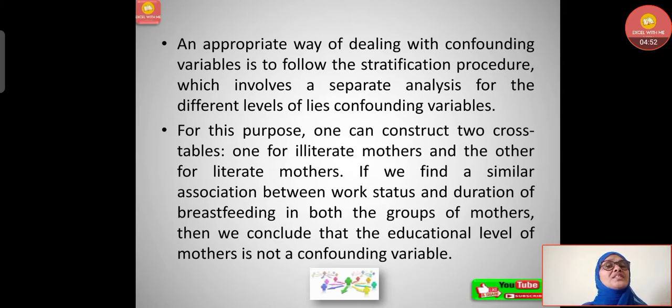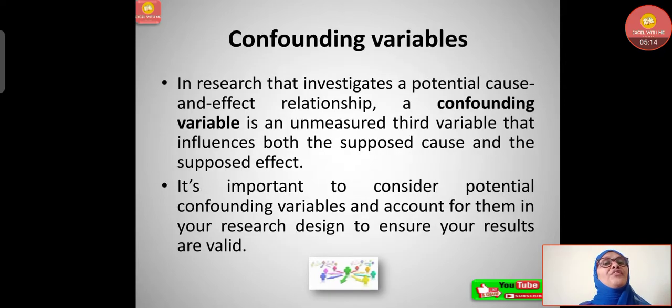For this purpose, one can construct two cross tables, one for illiterate mothers and the other for literate mothers. If we find a similar association between work status and duration of breastfeeding in both groups of mothers, then we conclude that the educational level of mothers is not a confounding variable.